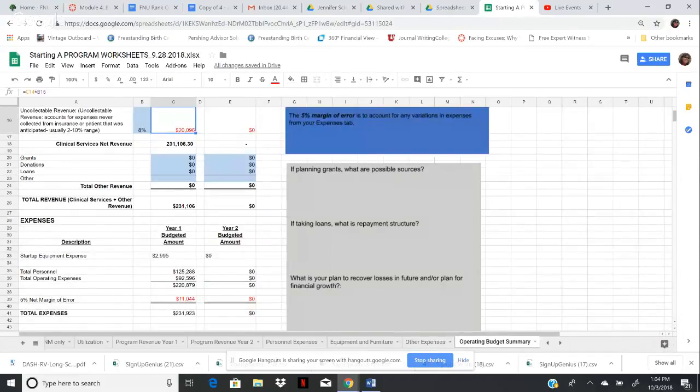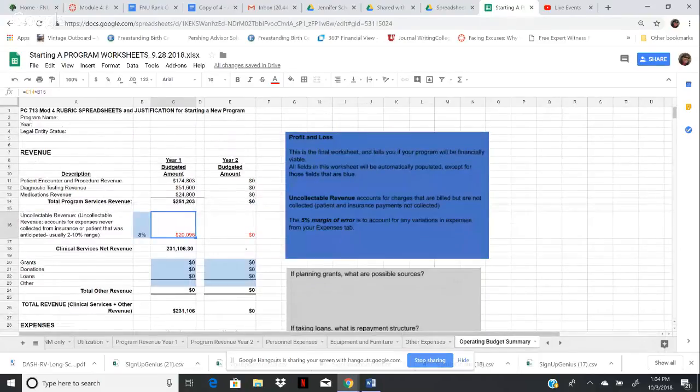And then finally is your operating budget summary, where you will be able to see whether you're going to make money or lose money. And so it again brings over those fields from previous tabs, and so that'll just automatically populate for you. You can see at the top here there are formulas, okay?